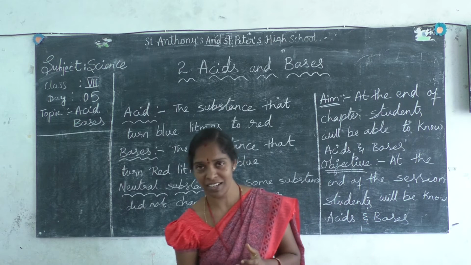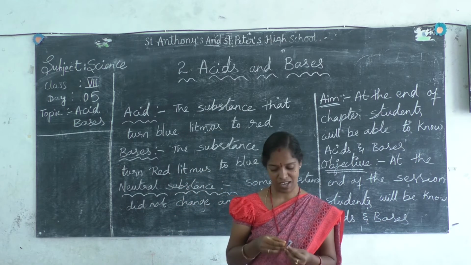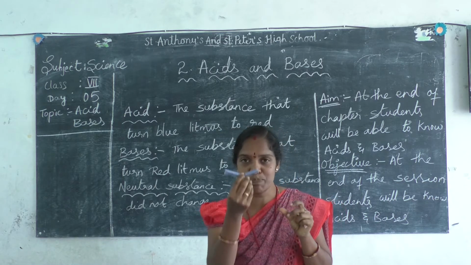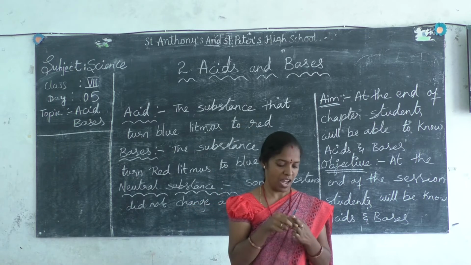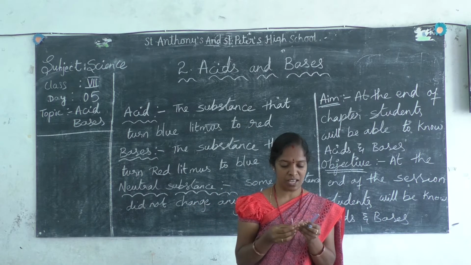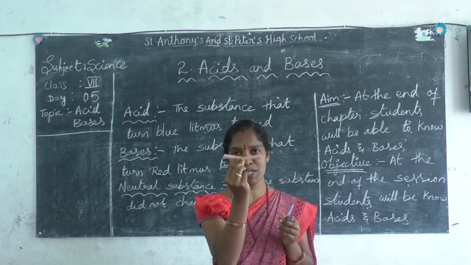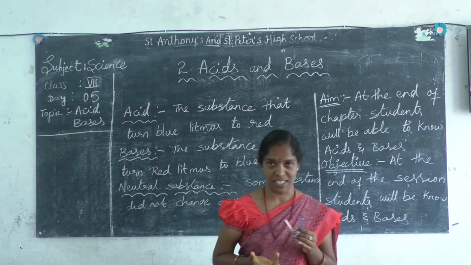Do you remember that? I showed the litmus papers also. Once again, I am repeating this here. See here, this is blue litmus paper. Now this is red litmus paper. Now, what is an acid?